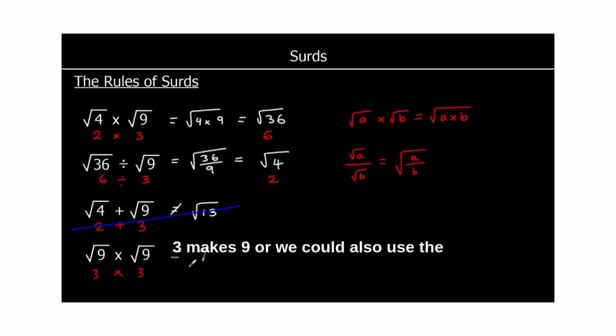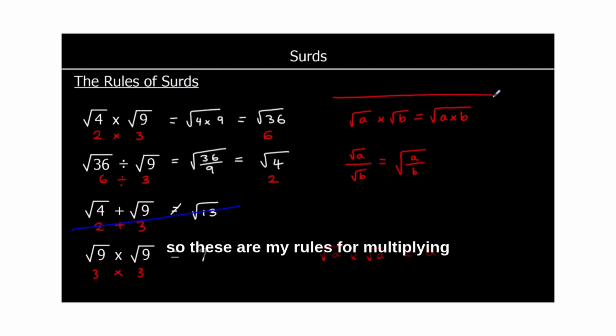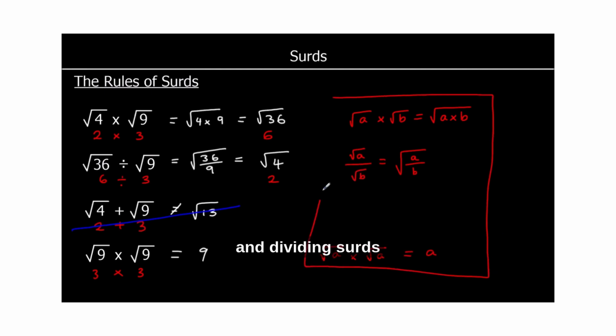Or we could also use the first rule. So root 9 times root 9 is equal to square root 9 times 9, square root 81, and square root 81 is 9. So the rule is, if I've got root a and I multiply it by root a, that's equal to a. Okay, so these are my rules for multiplying and dividing surds.